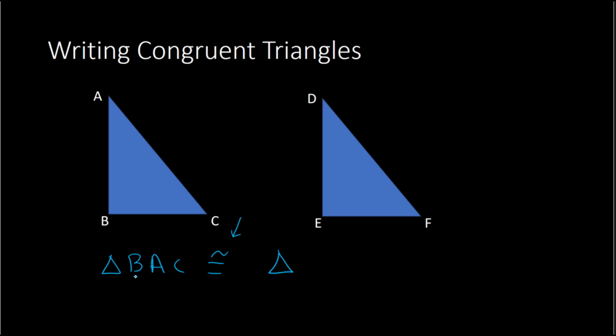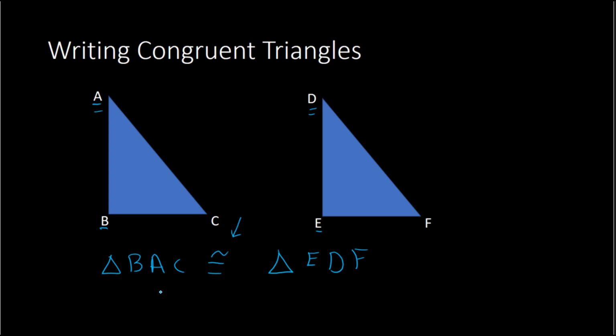So for example, the letter B comes first, and that corresponds with E over here, so E would have to go first when I write this triangle. A comes second in the way I wrote this first triangle, and the A corresponds with the D for the other triangle. So because A came second, D would have to come second over here. And the C corresponds with F, and C came third over here, so F would come third over here. So I can write this as triangle BAC is congruent to triangle EDF.